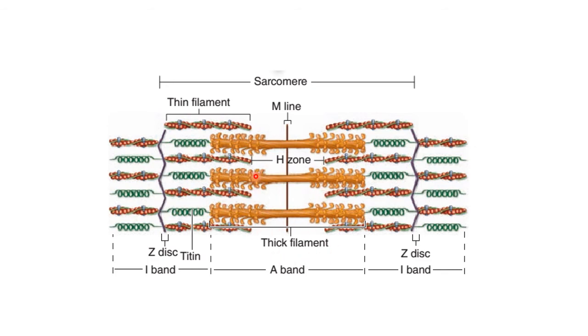In the middle of the A band we have a lighter region. This lighter region is composed only of thick myosin filaments. In the middle of the H zone, we have the M line, which also consists of myosin binding proteins.